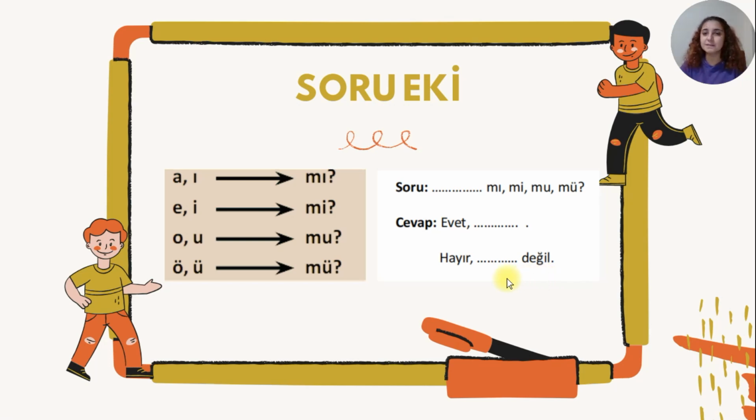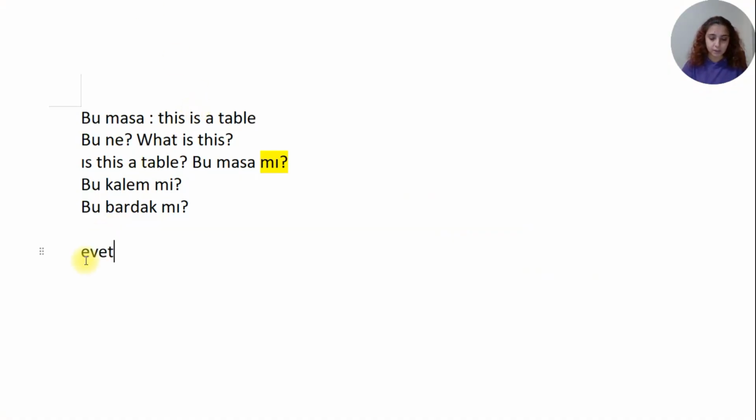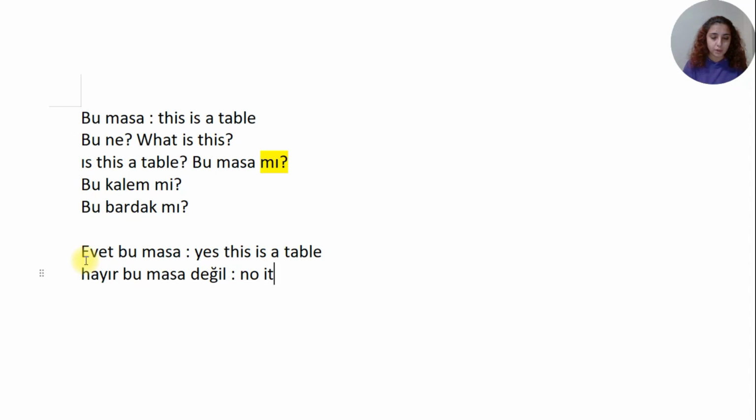And again, it is different from English, because in English you need to use this word not after the verb. For example, evet bu masa. Yes, this is a table. Hayır bu masa değil. It means no, it is not a table.